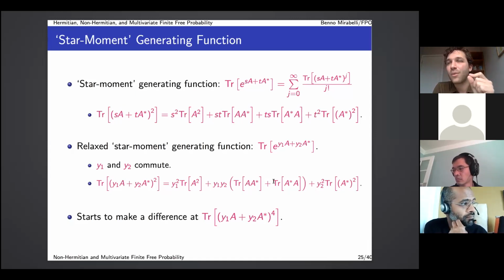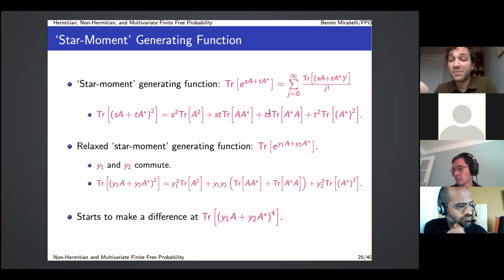And why these relaxed star moments are enough in that case is intimately related to the fact that, in free probability, these are R-diagonal elements. So basically the circular law has this nice property where it's an R-diagonal element, where all the terms for ST are the same as for TS. It treats them as commuting, and that's why our relaxed moments match up.